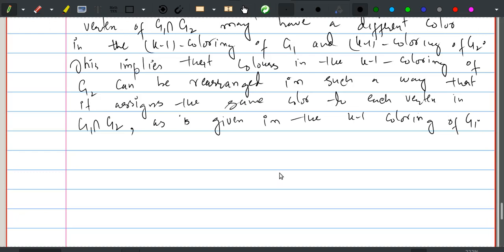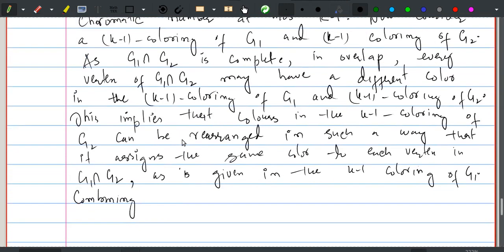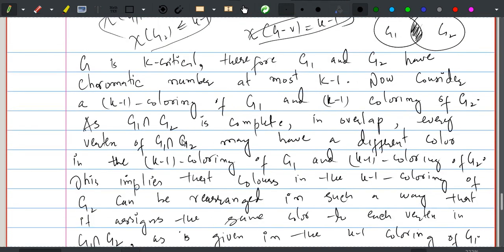Now combining these two colorings produces a k-1 coloring of G, which is not the case as G is k chromatic. One should note here that the k-1 colors used in G1 are the same colors used in the k-1 coloring of G2.